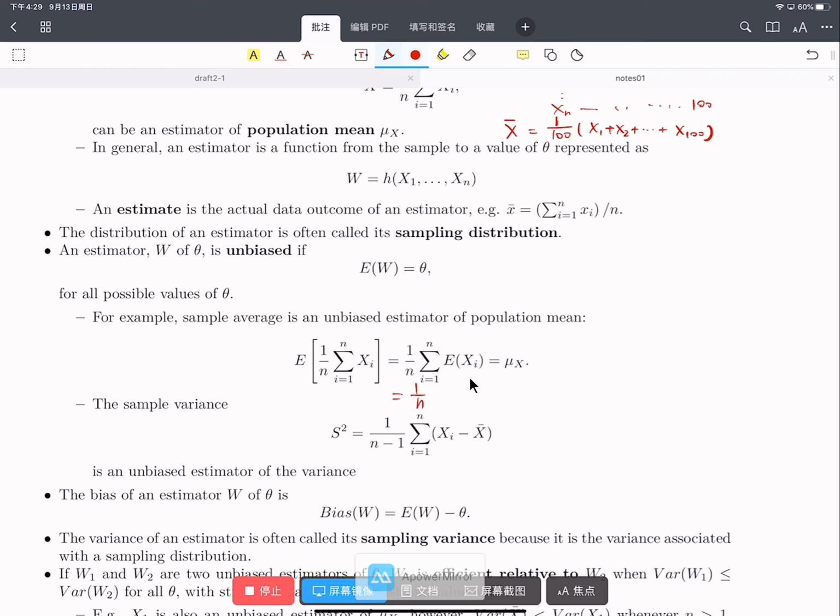Think of the example that we mentioned, 100 workers. In your sample you have 100 workers, and each worker is from the distribution fx.